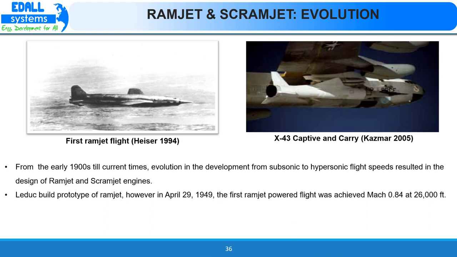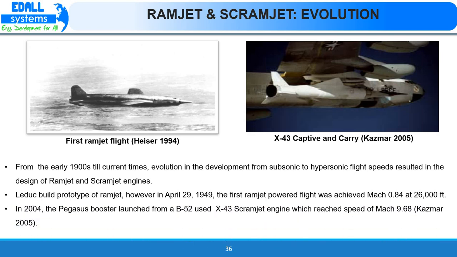On April 29, 1949, Leduc built a prototype of ramjet engine. The first ramjet powered flight was achieved at Mach 0.84. In 2004, a Pegasus booster launched from a B-52 used the X-43 scramjet engine, which reached a speed of Mach 9.68.